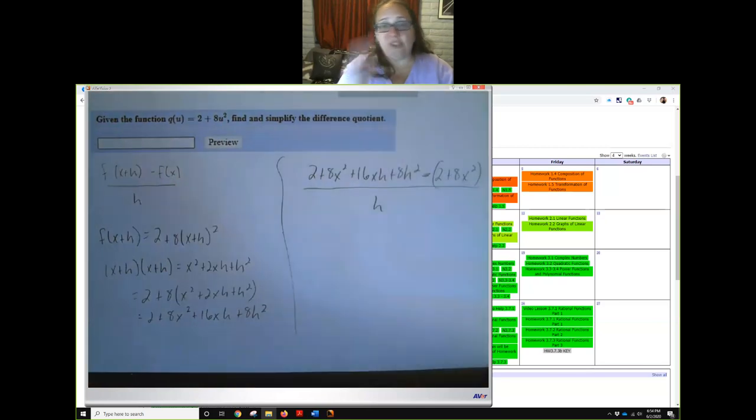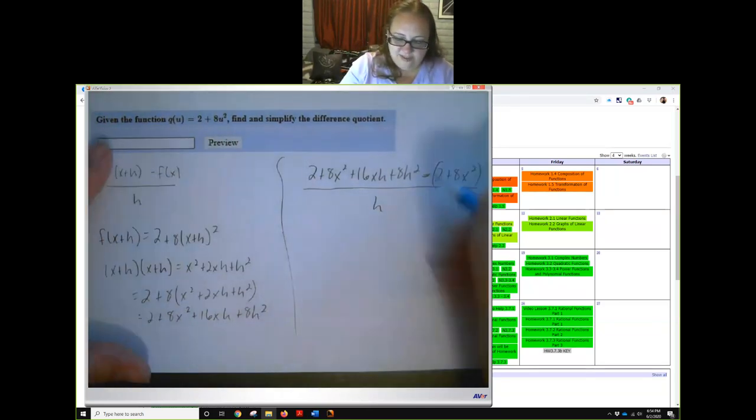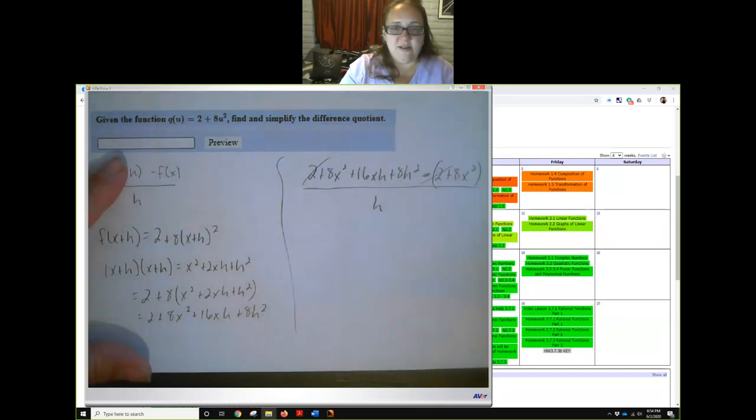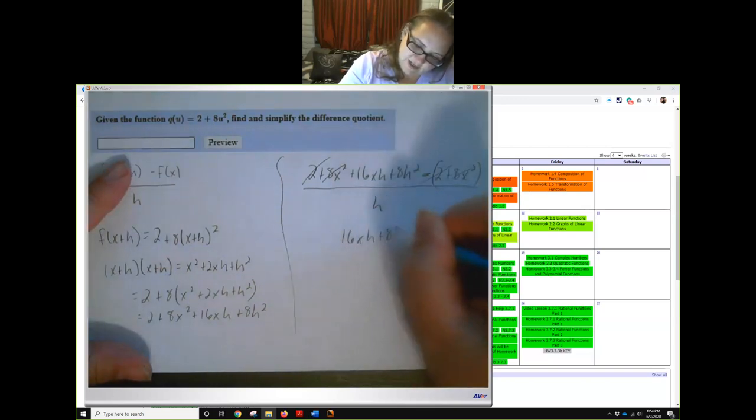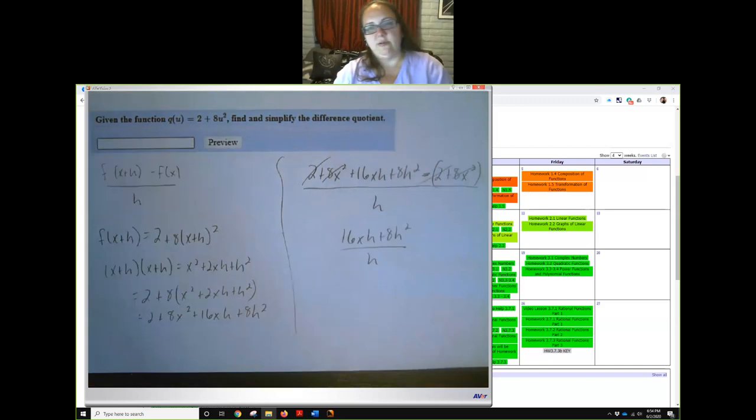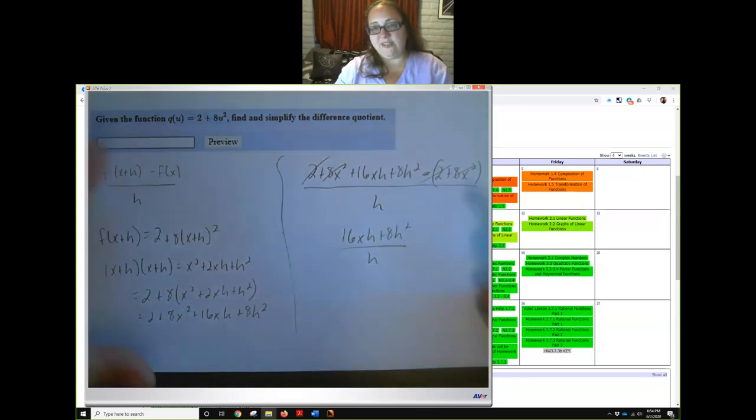Now, what's always going to wind up happening here is that when you subtract this, this 2 and this 2 are going to cancel, and 8x squared minus 8x squared are going to cancel. Here we're left with 16xh plus 8h squared over h. When you subtract, everything after the subtraction sign is going to cancel.